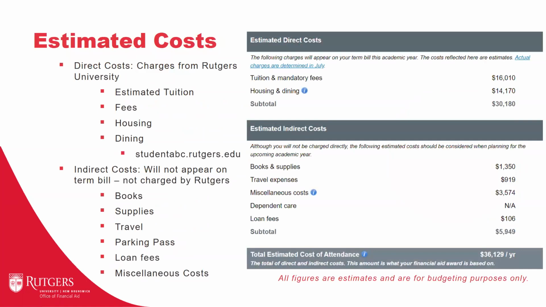The direct cost is first, then indirect cost, then grants and scholarship, and then the list goes down. The estimated direct costs are charges that are directly from Rutgers University, and of course that will include the estimated tuition, fees, housing, and dining. The actual charges for tuition are usually determined in July by our Board of Trustees.